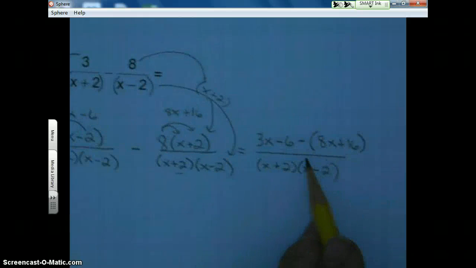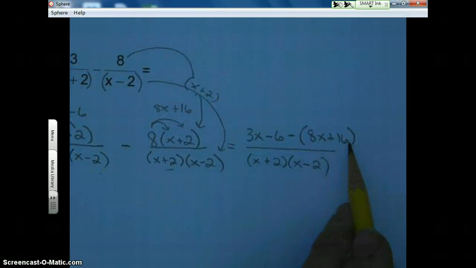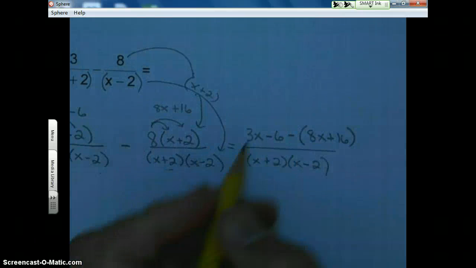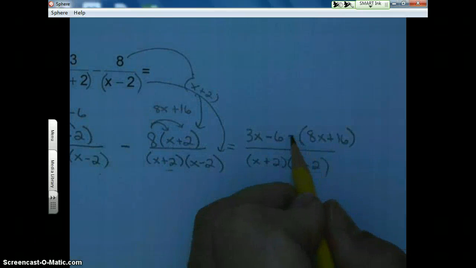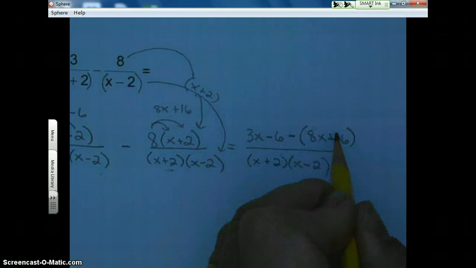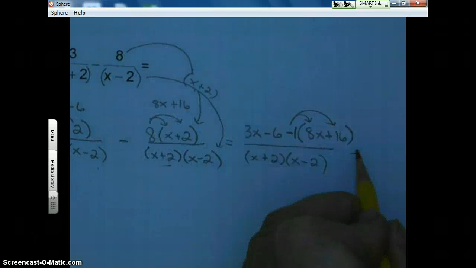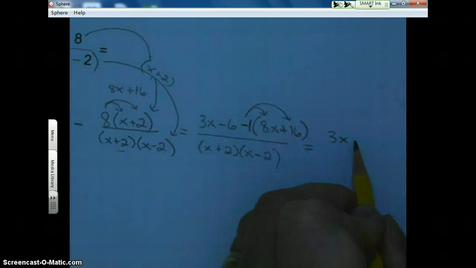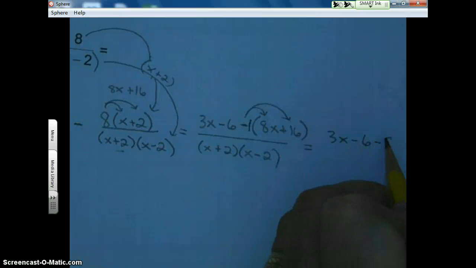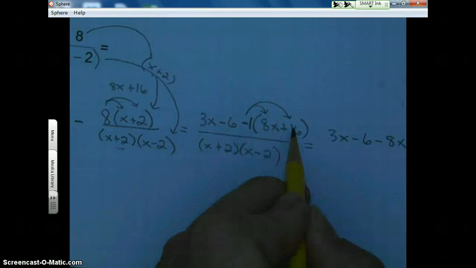Yes, you do need to put it in parentheses because we're subtracting. We're subtracting the whole group. Okay, which means we have to distribute this subtraction sign. We have to distribute it onto both of these terms. So we're going to call this negative 1, and we're going to distribute the negative 1 onto each one. So we get 3x minus 6 minus 8x minus 16, distributing the negative 1.